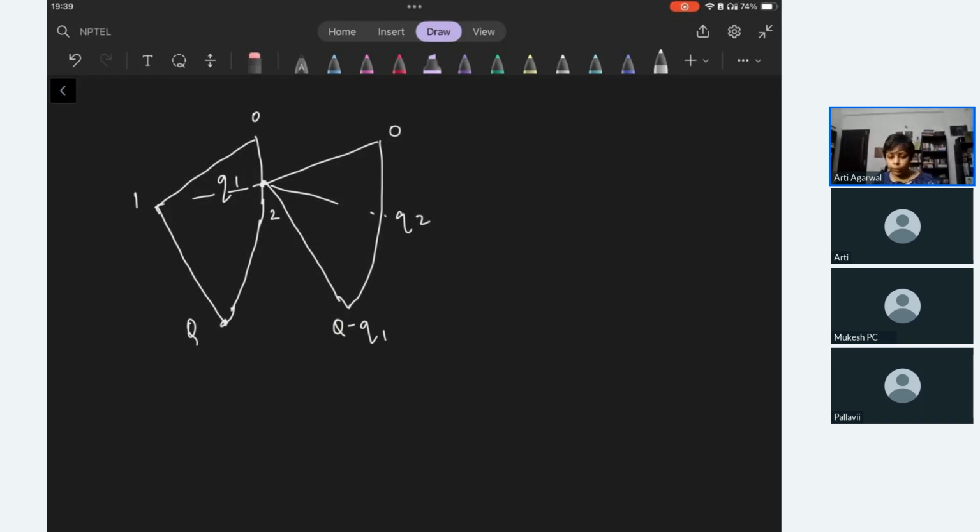Whatever that value may be, we don't know what capital Q minus Q1 is. Okay, so this is the basic form of the game.